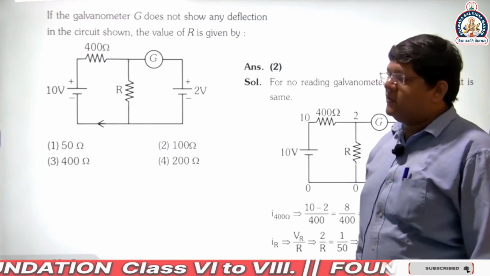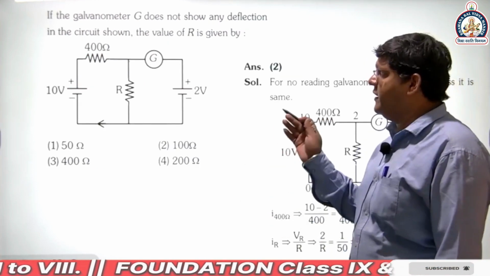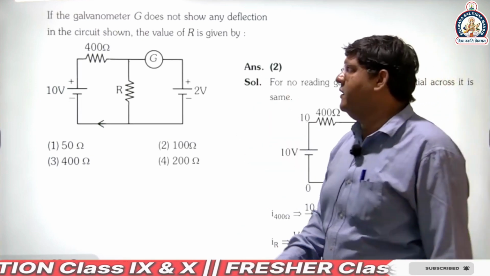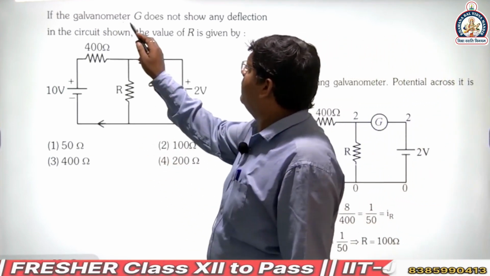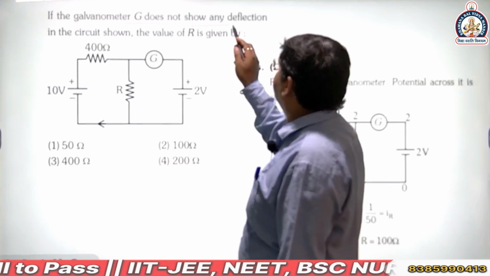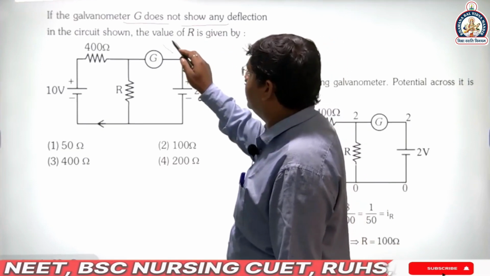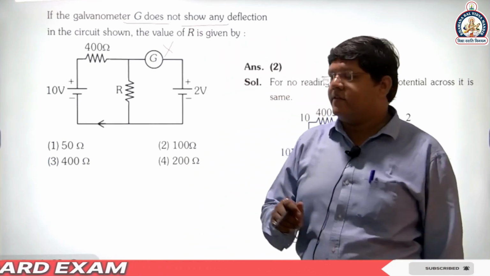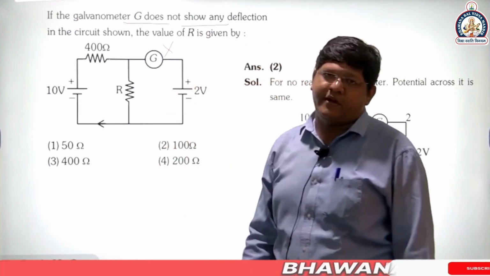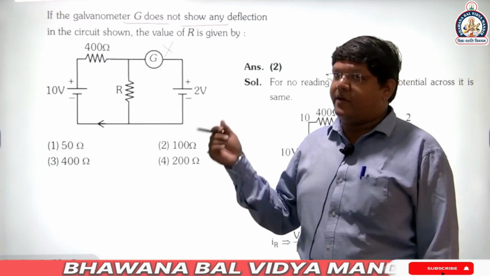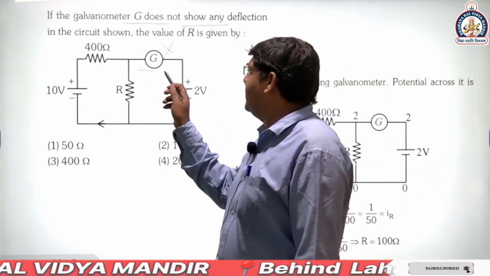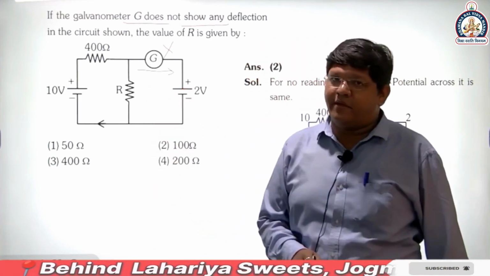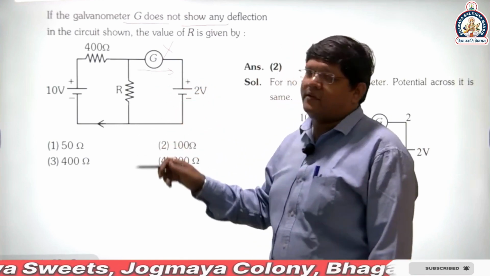Now, the next circuit is also related to some energy sources and some dropping elements. The question says the galvanometer G does not show any deflection. That means there is no current flowing through the galvanometer, and according to the geometry of the figure, no current flows in this branch.